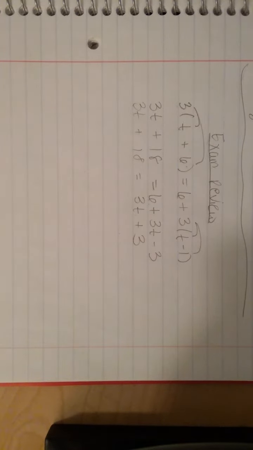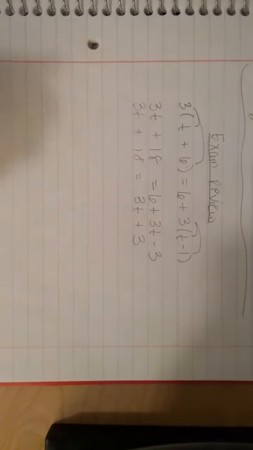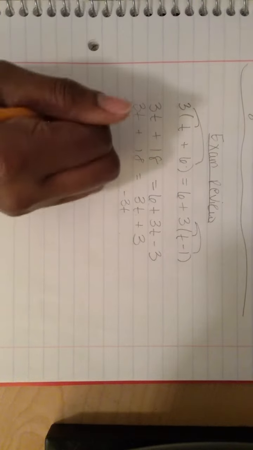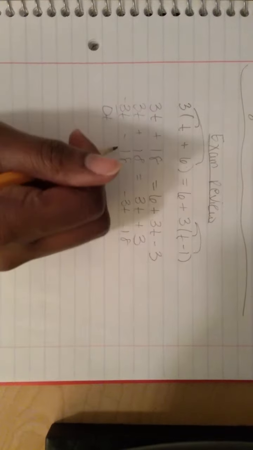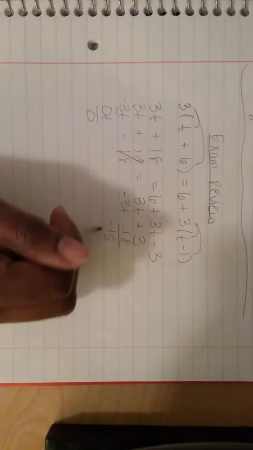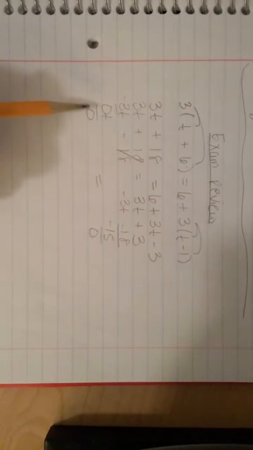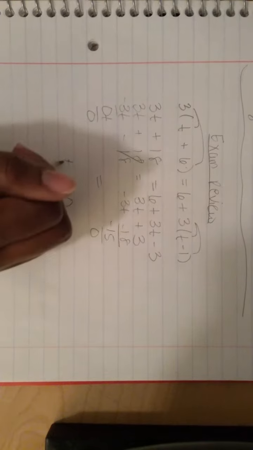Now we'll get both of our variables on the same side of the equal sign. Then here, minus 18, minus 18. In this case, we're dividing each side by 0, which will give our answer 0.